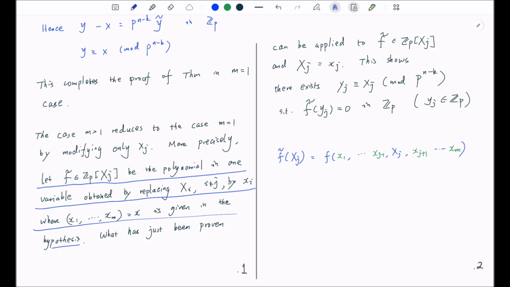And capital Xj equal to little xj. And this shows there exists a yj congruent to little xj modulo p to the power n minus k. And the little yj is a root in Zp of f tilde, the new single variable polynomial in Zp.